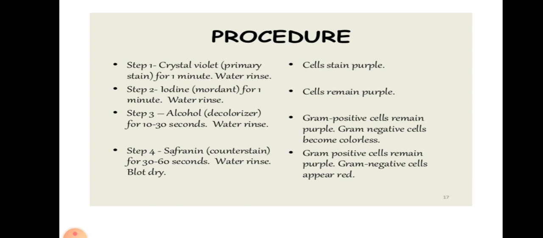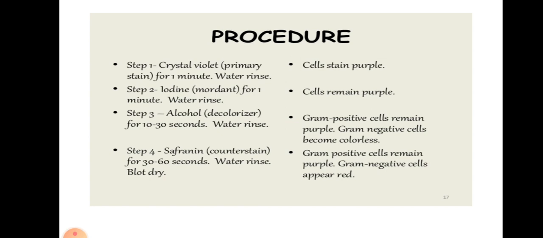After that, the slide is again washed with water, and here the gram positive cell remains purple whereas the gram negative cell becomes colorless. So this third step is very important, where alcohol will decolorize gram negative bacteria whereas gram positive bacteria remain colored with crystal violet.